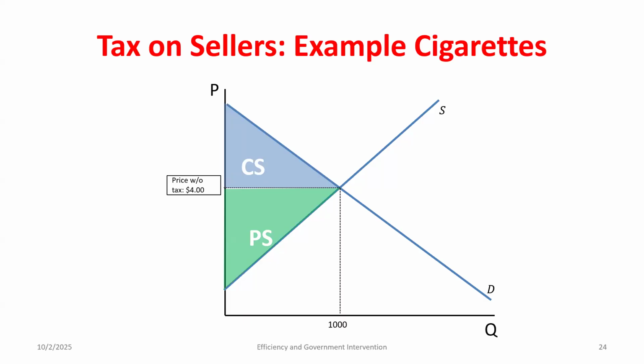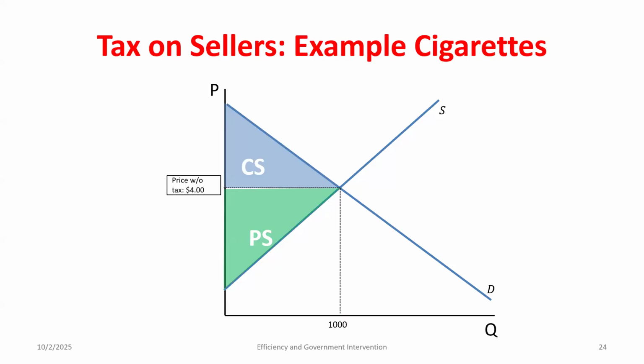Well, what is the height of this rectangle? What's the difference between the price the consumer pays and the price the seller keeps? If I just do a little bit of algebra here, the price the consumer pays minus the price the seller keeps, that's just the value of the tax. So the height of this rectangle is going to be the value of the tax.